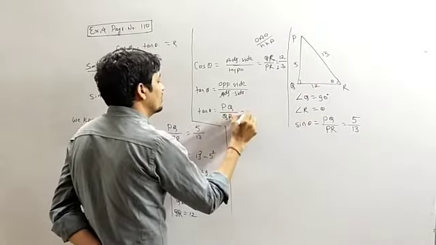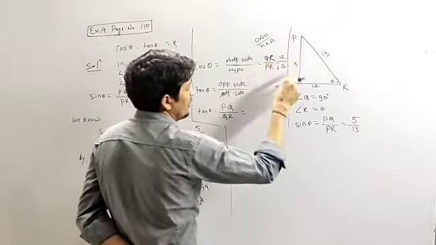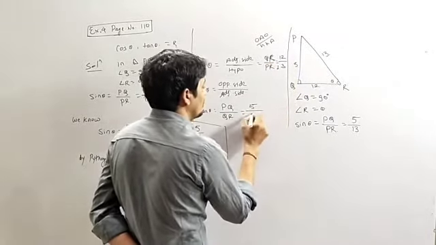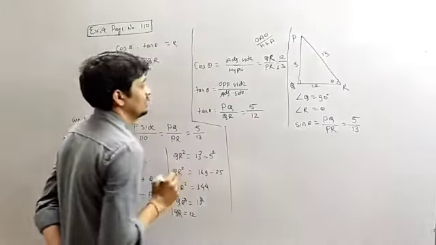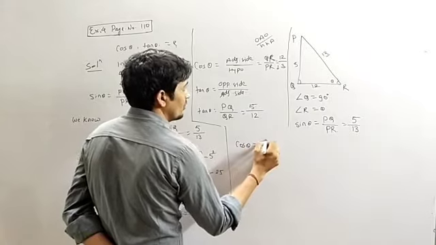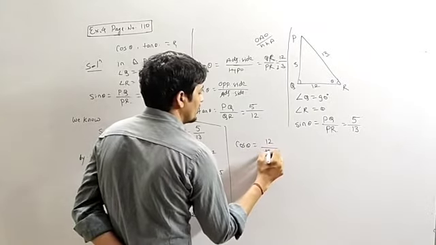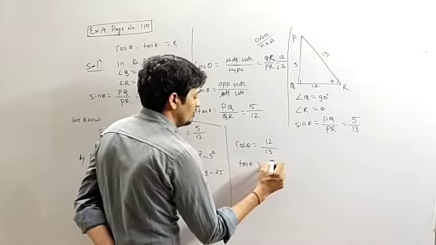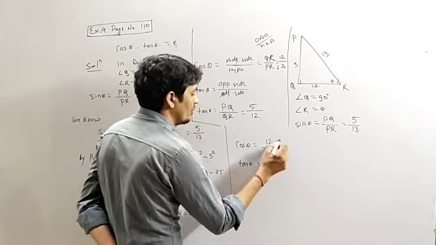PQ is 5 divided by QR is 12. So we got cos theta equals 12 divided by 13 and tan theta equals 5 divided by 12.